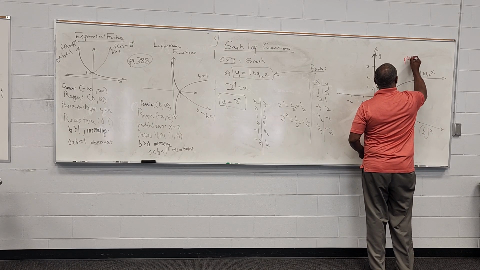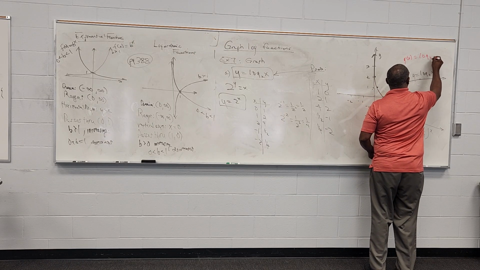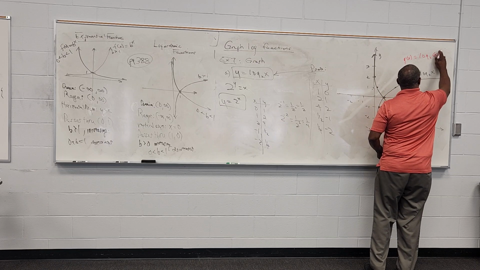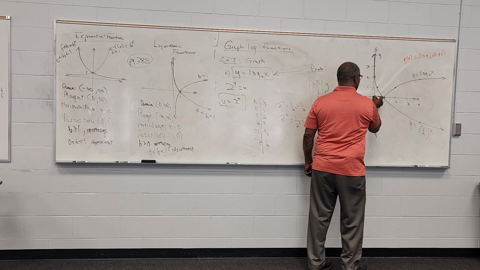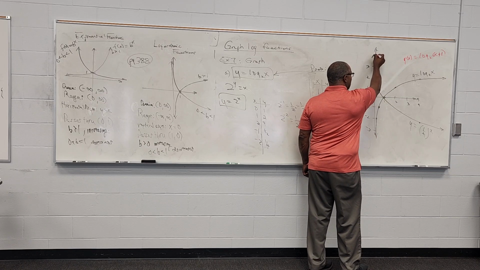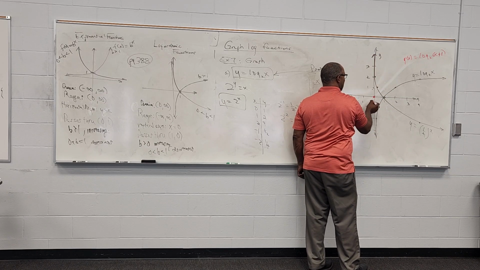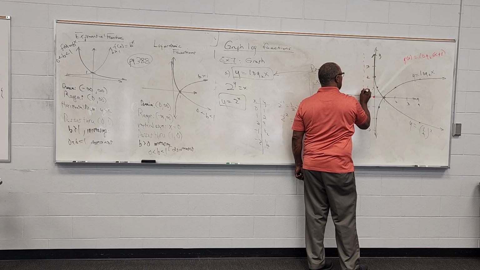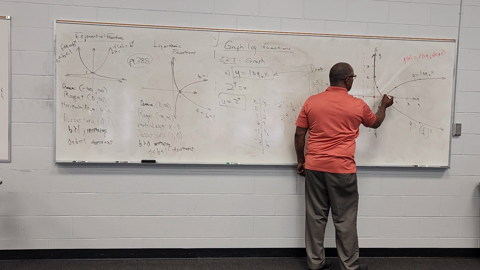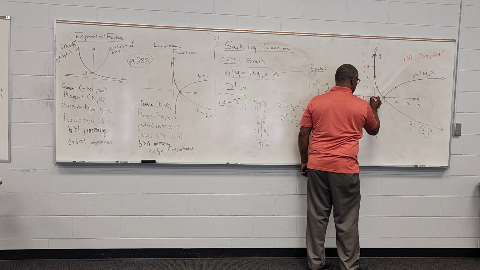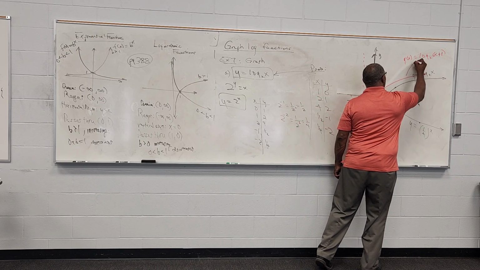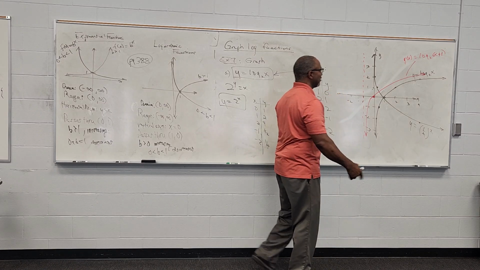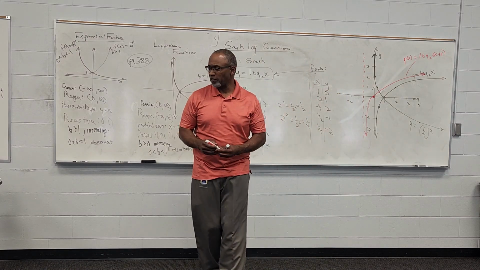All that does is slide this graph back 1 unit, and the old vertical asymptote of 0 becomes this. This point moves over to here, so that would be that graph. So I can still have the horizontal and vertical translations, that still holds.